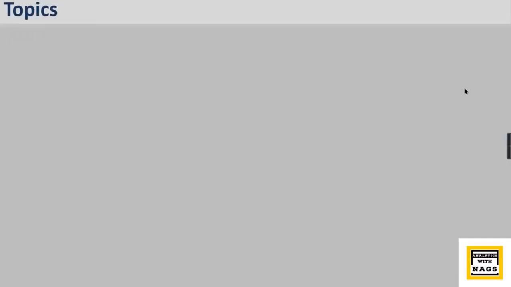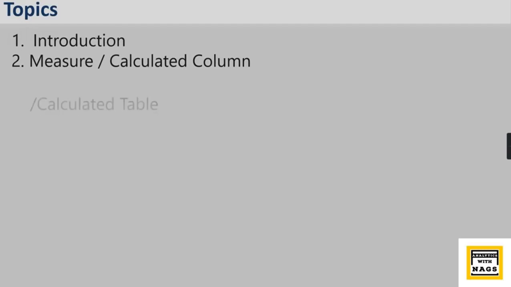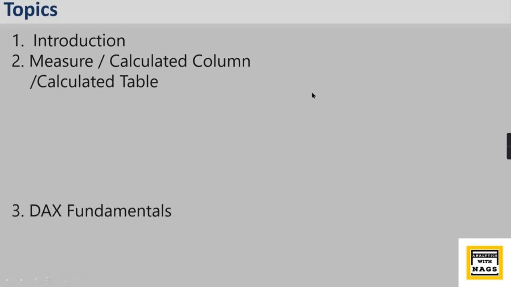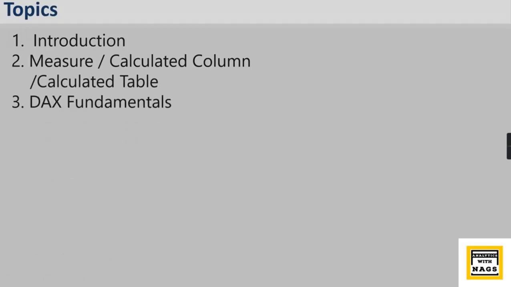Let's check out what topics we are going to cover in this video. We'll start with the introduction, and try to understand why we need DAX: it's used to create measures, calculated columns and calculated tables. DAX fundamentals are so important because people struggle with DAX when they don't understand the fundamentals.